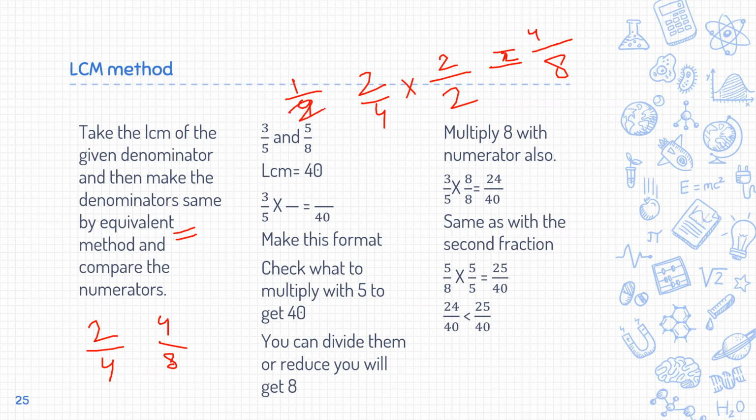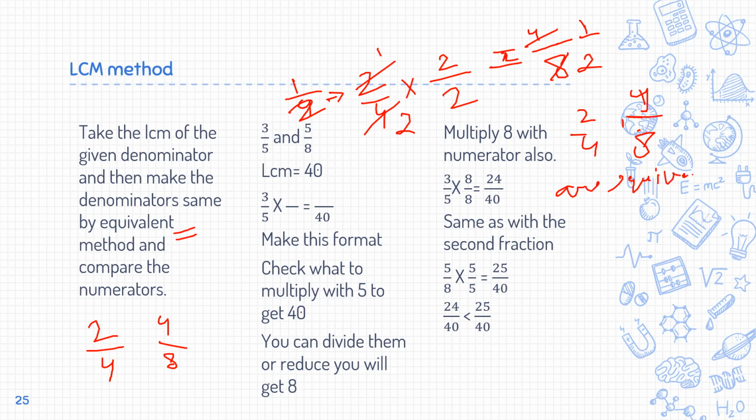When you reduce this, you will get 1 by 2. So 2 by 4 and 4 upon 8 are equivalent, means equal to 1 upon 2.